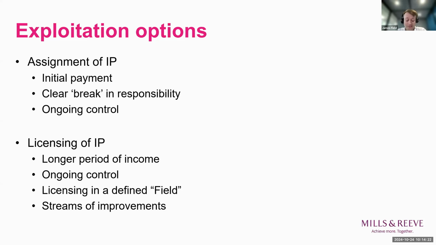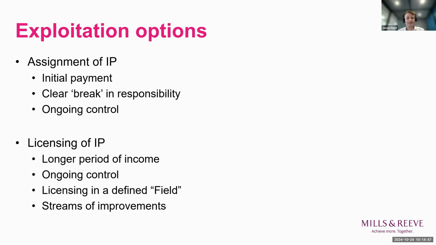Looking at licensing. One of the key benefits of licensing IP for a university is that it's likely to be able to achieve income from the exploitation of the IP over a longer period of time. That will normally be done through some form of royalty arrangement set up from the trading subsidiary's exploitation activities.